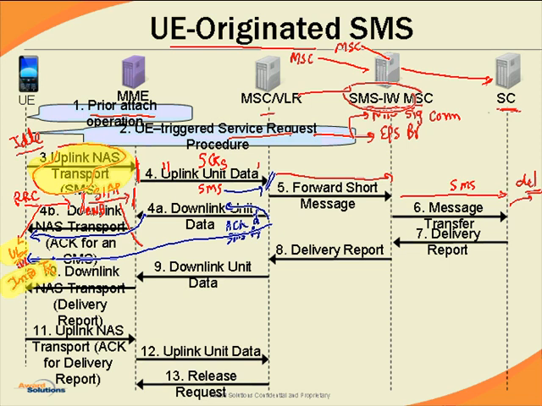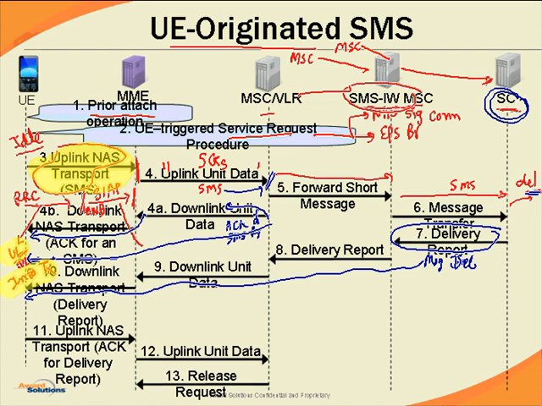Now, once the SMS center has delivered the SMS to the destination, it will create a delivery report. This message sent, message delivered. That will go all the way to the UE. Okay.